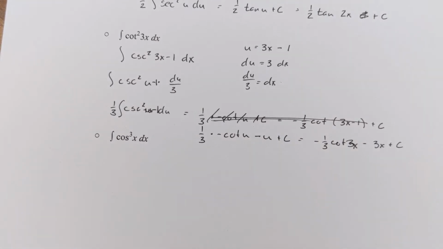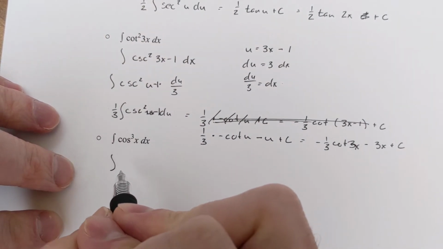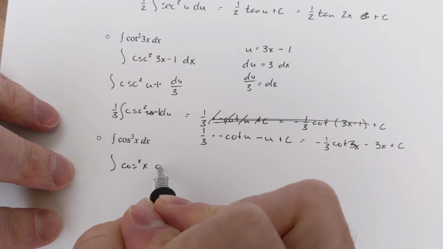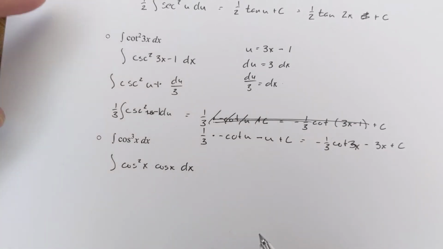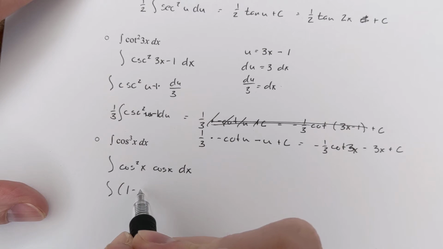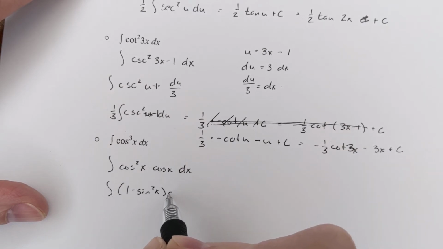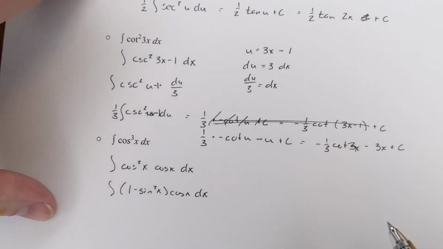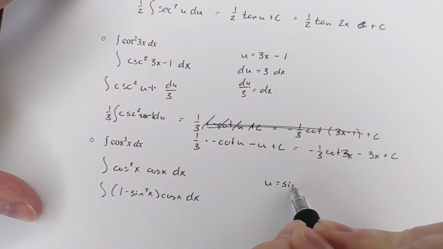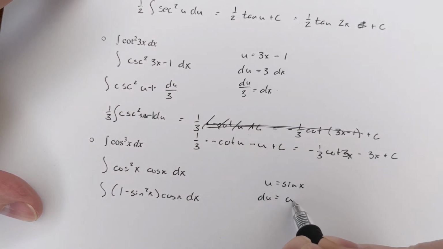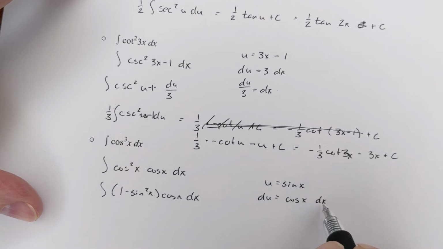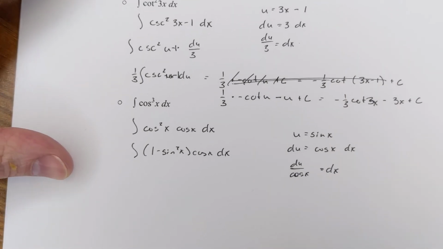Okay, cosine cubed. So let's see here. We're going to turn this guy into cosine squared x times the cosine of x. And then we're going to turn that into 1 minus sine squared x, cosine x. So my u is going to be the sine. So du is equal to the cosine of x dx. So du over the cosine of x is equal to dx.